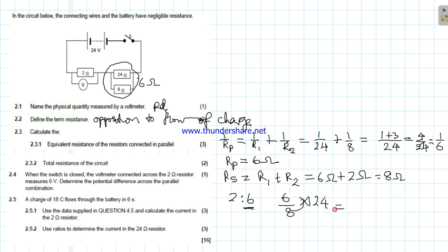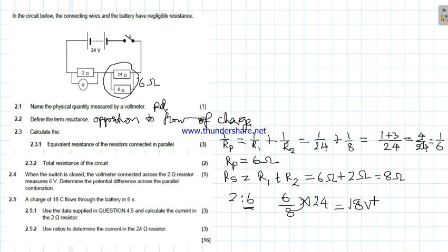So that is going to give us, we can divide here 18 to 24. It goes in there. 3 times 3 by 6 is equal to 18. So it's 18 volts. This is the potential difference across the parallel combination.